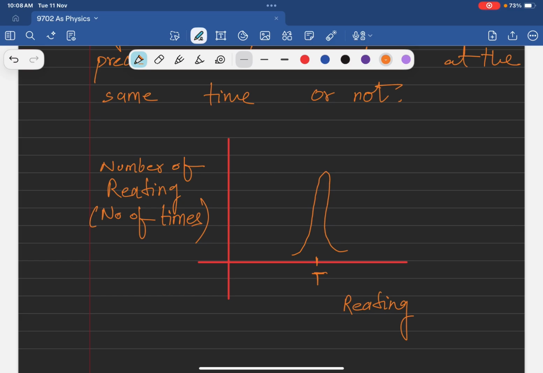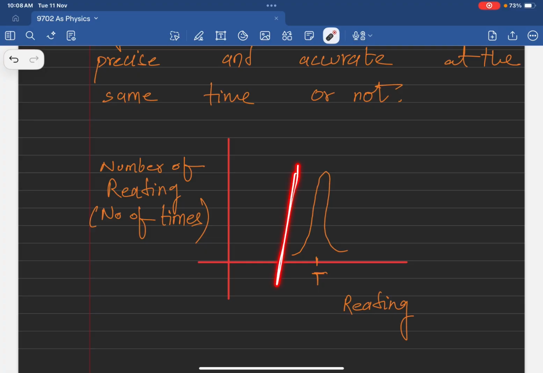These readings plotted here look close to each other. The graph is not well spread. This curve is very narrow. Readings are very close to each other. So if readings are close to each other, it means the reading that we are taking is precise.